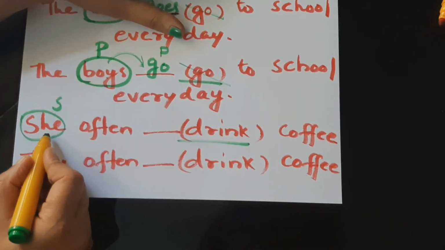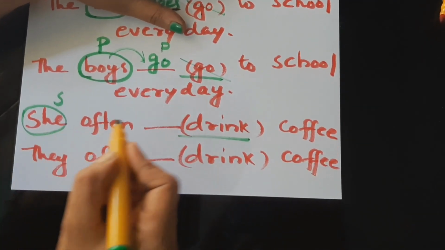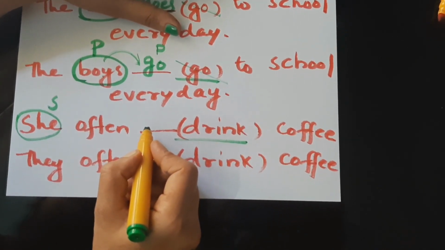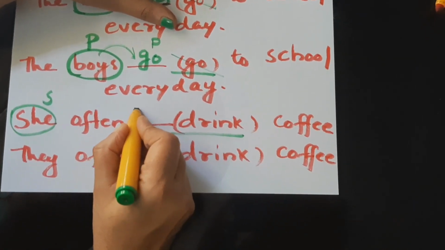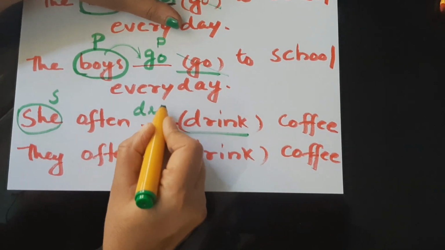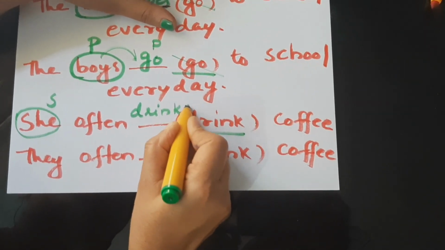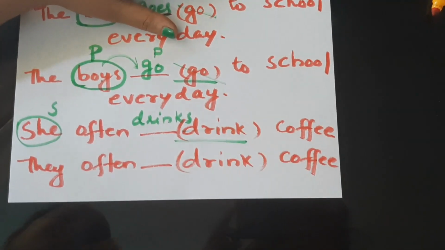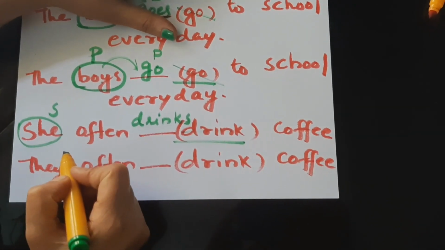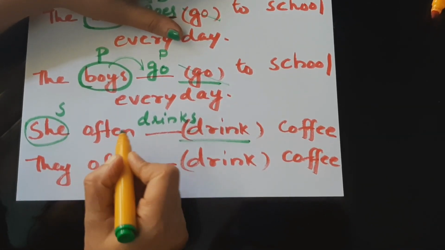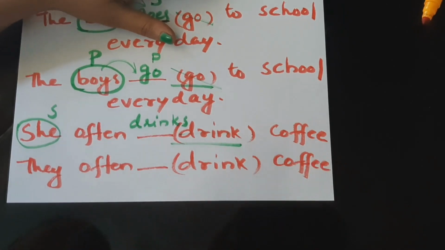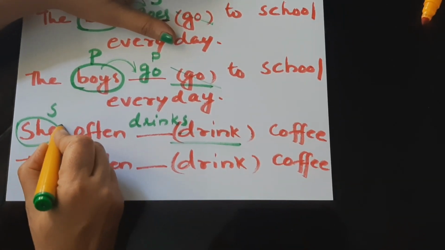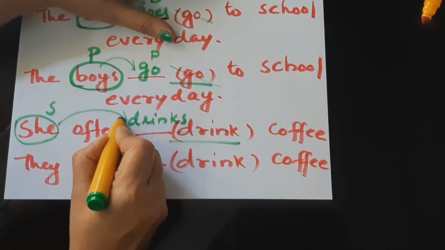So here you have the singular subject she, so here you need to take the singular verb, that is drinks. So the sentence should come like this: she often drinks coffee. Singular subject, singular verb.